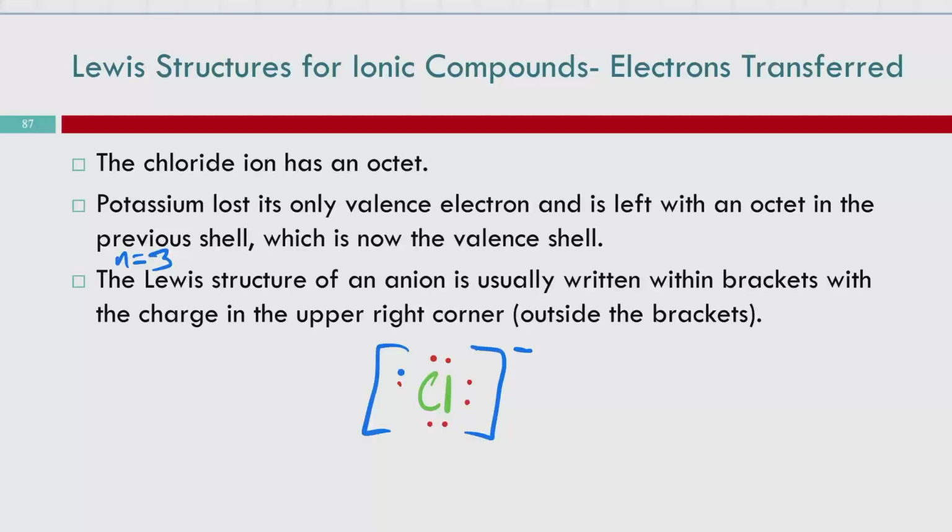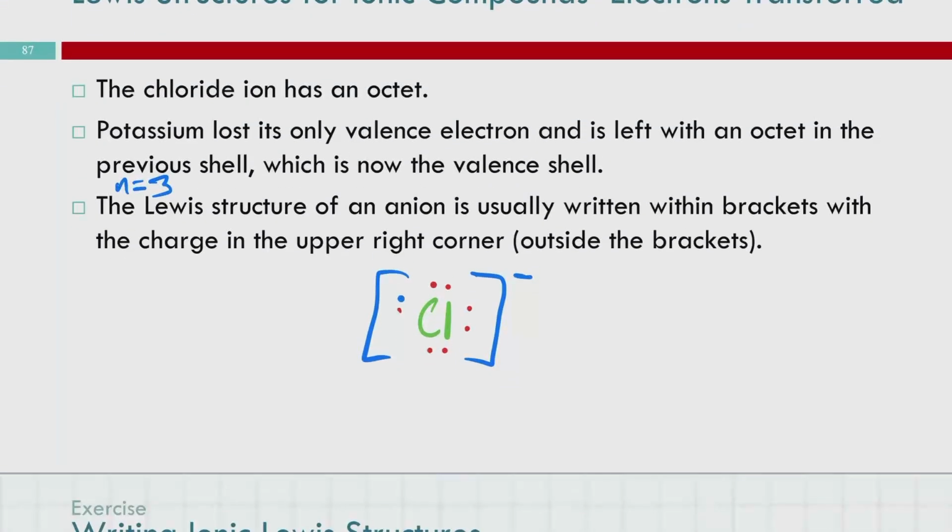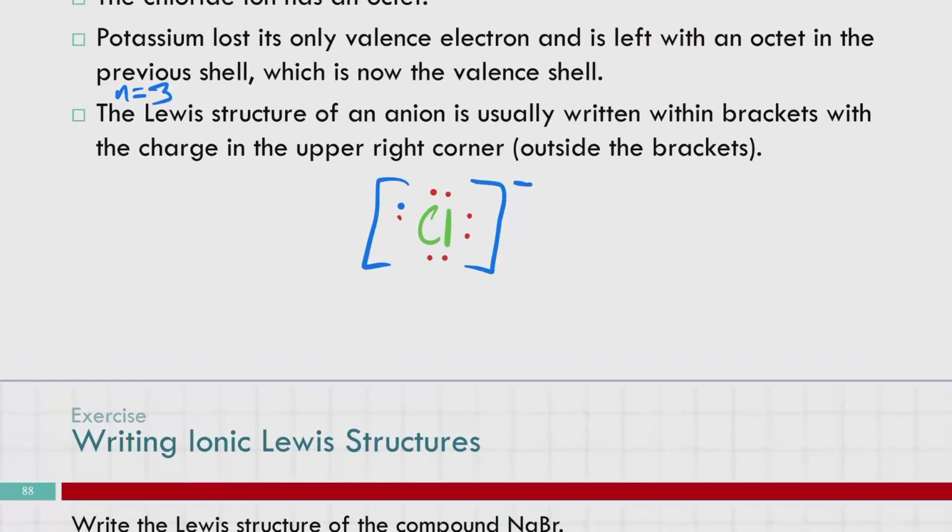This will also make more sense when we get to polyatomic ions, because we're also going to use brackets to encompass a larger area, and we're going to say this whole area has a 1 negative, 2 negative, 3 negative charge. So that's sort of what we're doing here. This also makes it clear that these electrons on the left side do not belong to potassium.